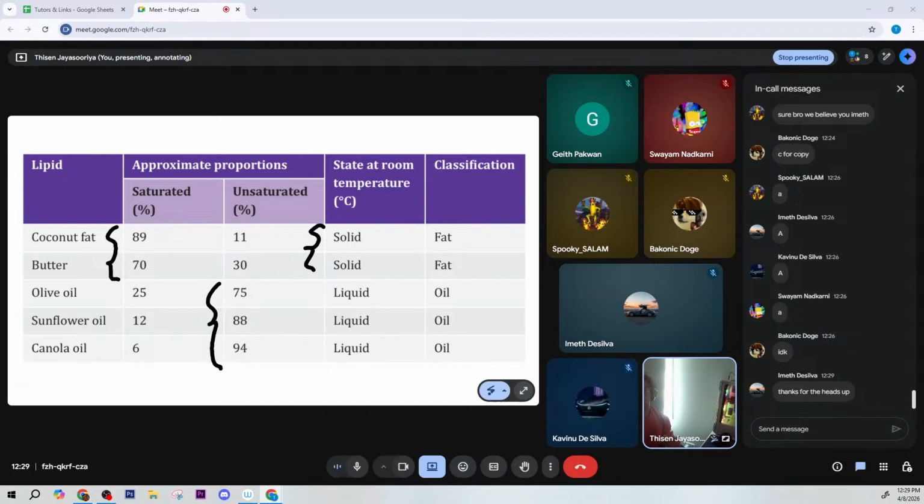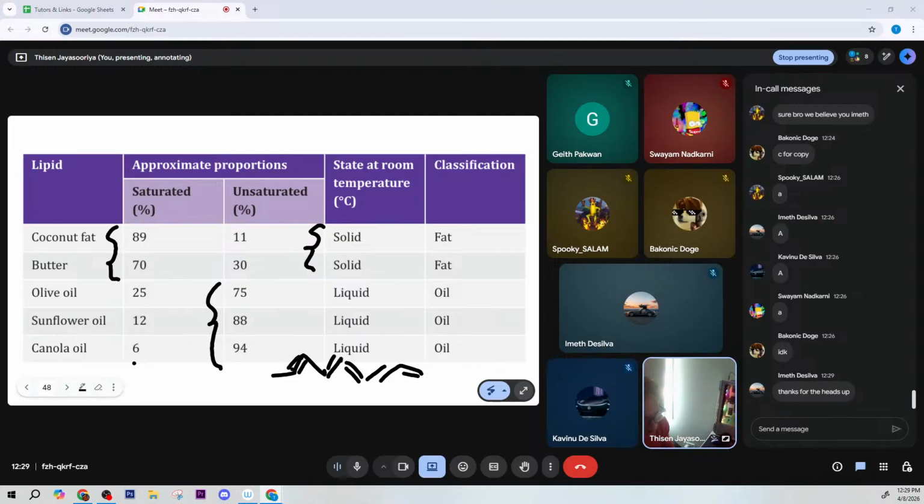The reason unsaturated compounds do this is because they have more kinks in the chain. Remember those kinks we were talking about? The kinks essentially cause bends. This is what double bonds do. They cause these kinks and changes in the chain, which means we can't pack it effectively.